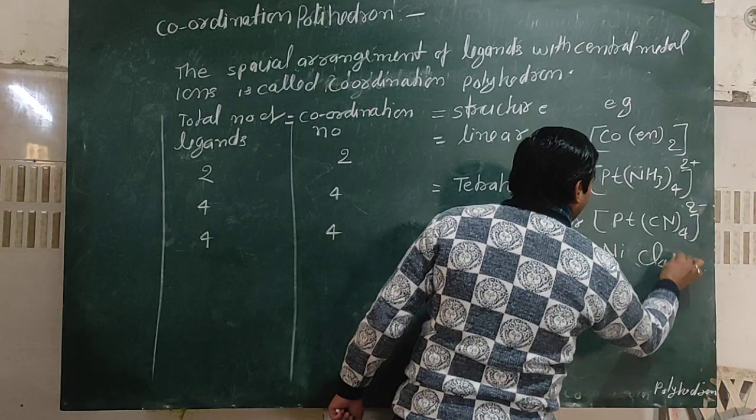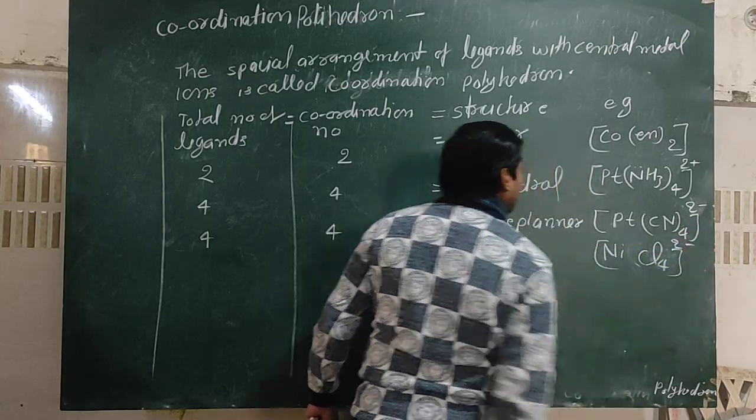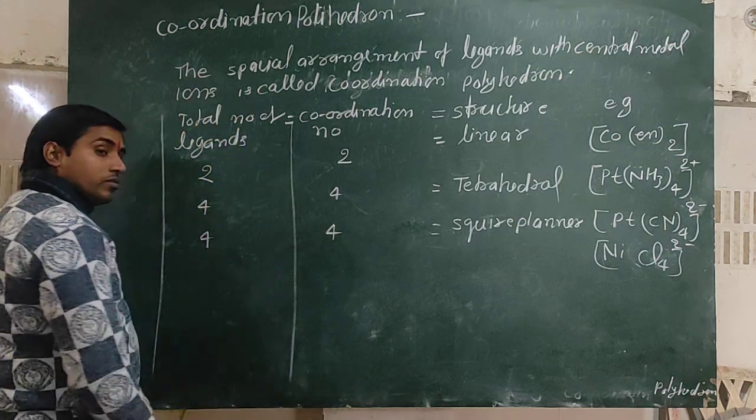NiCl4 is a good example of square planar complexes.